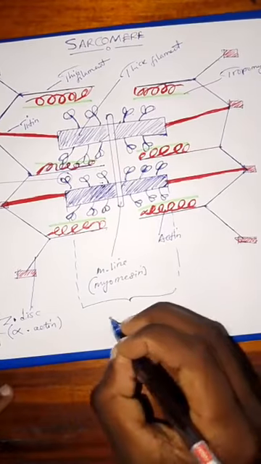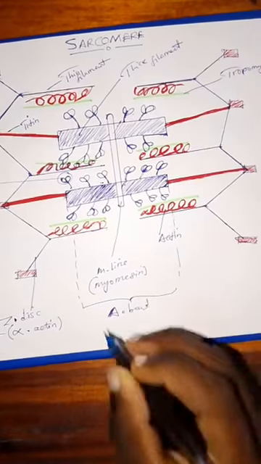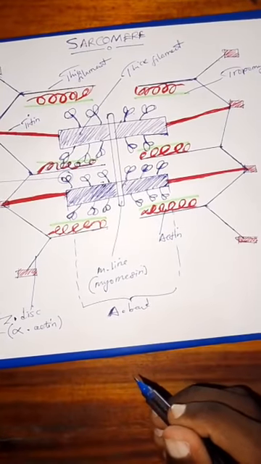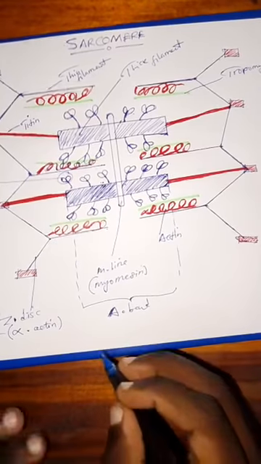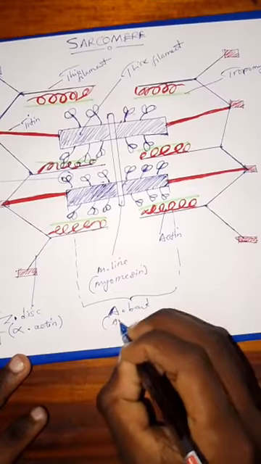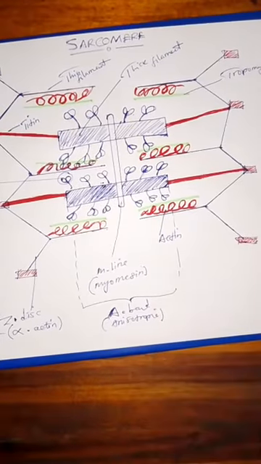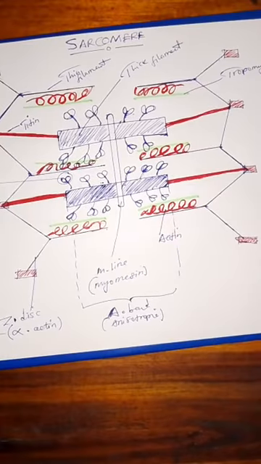What is this band called? It is the A band, the anisotropic band. That's this region.